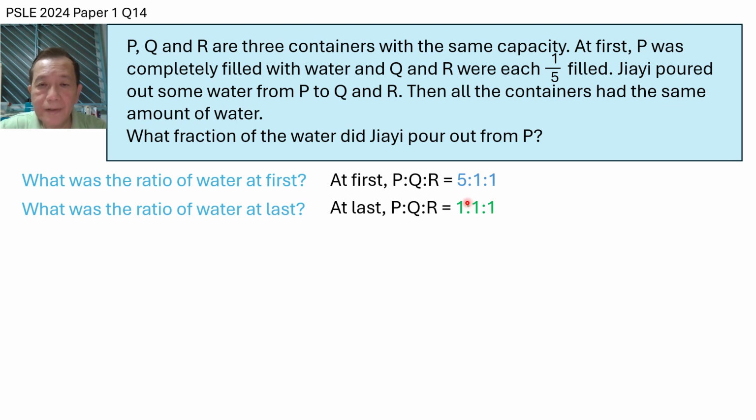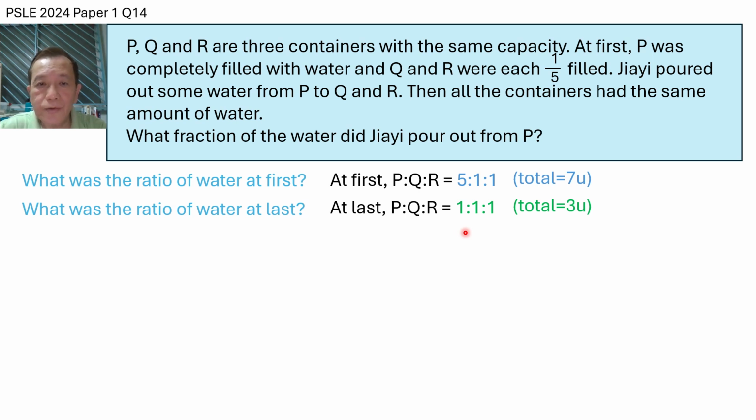That's because the first ratio is based on 7 units total, and the second ratio is based on 3 units. There are different types of ratio units, so we cannot say P lost 5 minus 1, P lost 4 units. They cannot interact in this way.